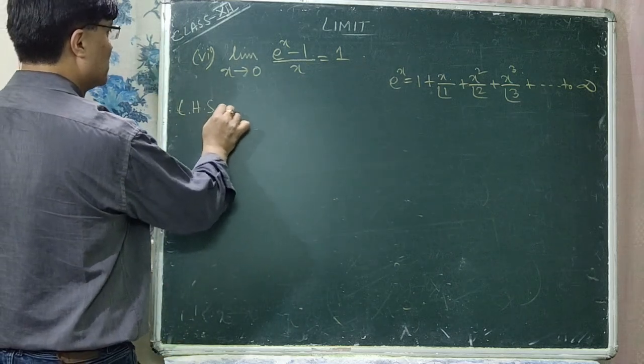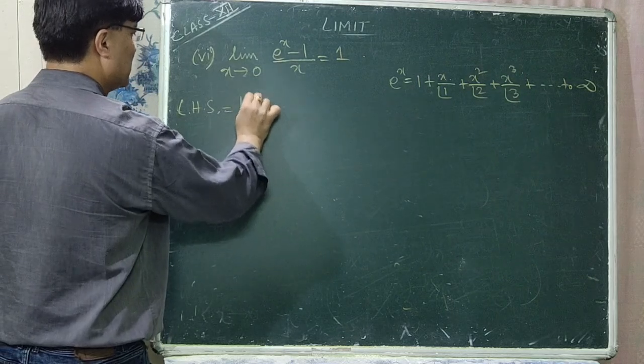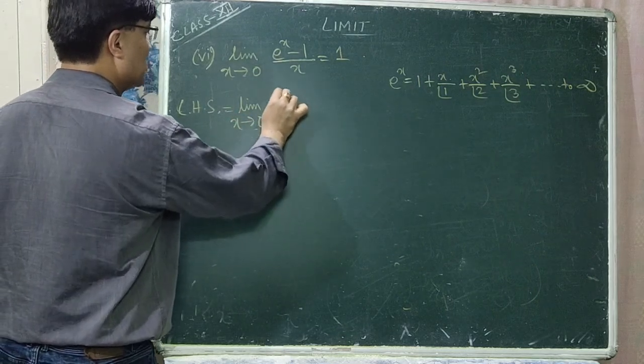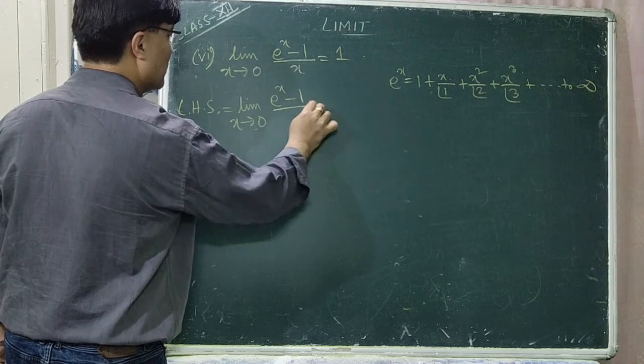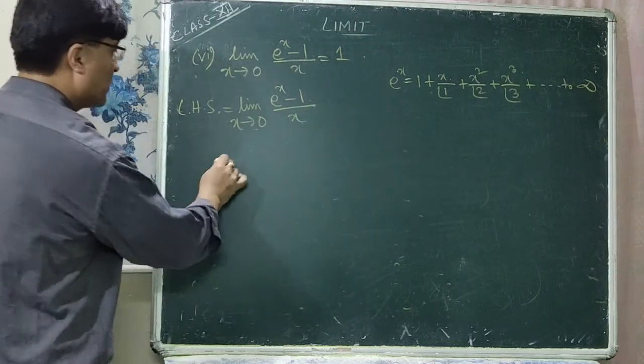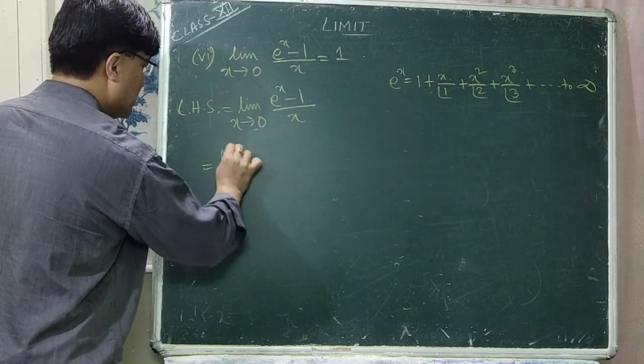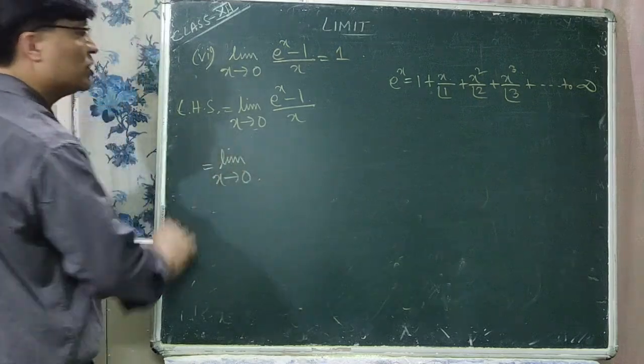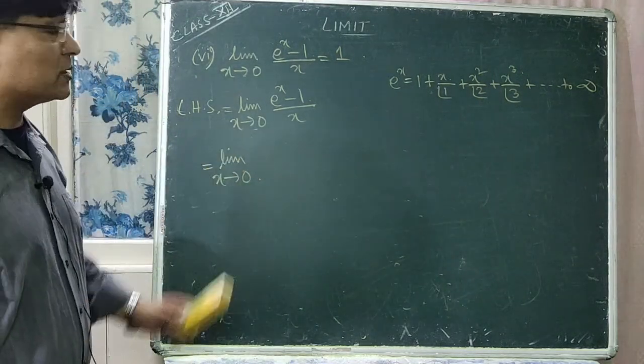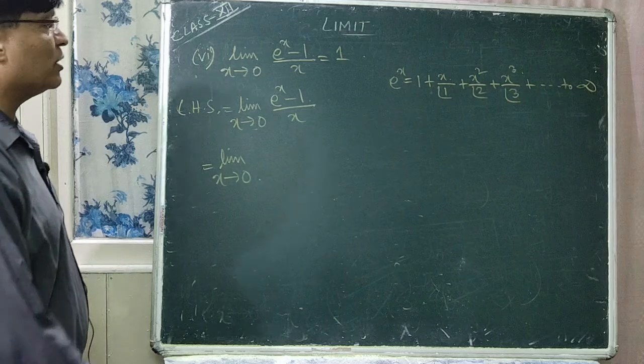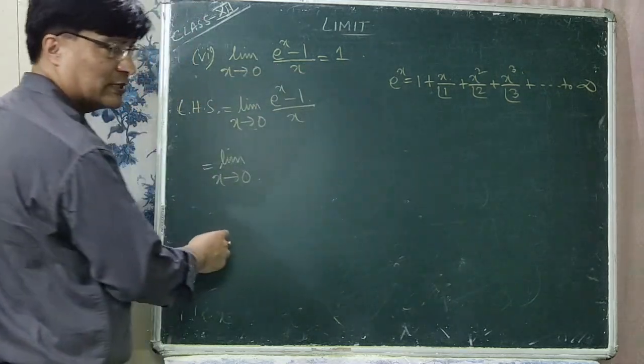So LHS is equal to limit x tends to 0, e to the power x minus 1 whole divided by x, is equal to limit x tends to 0 now. So what is the formula for e to the power x? You can write down that series, isn't it?